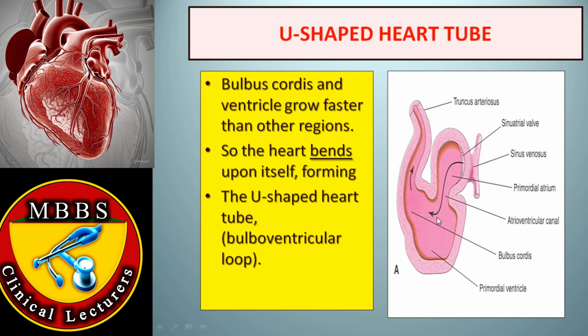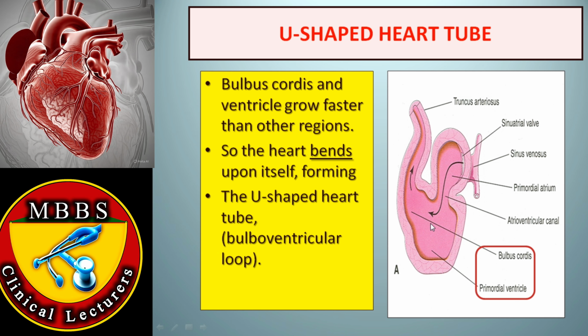The bulbus cordis and the ventricle proliferate faster as compared to the rest of the heart. So a loop is formed, and that loop is called the bulbo-ventricular loop.